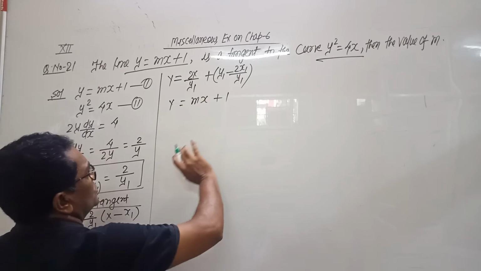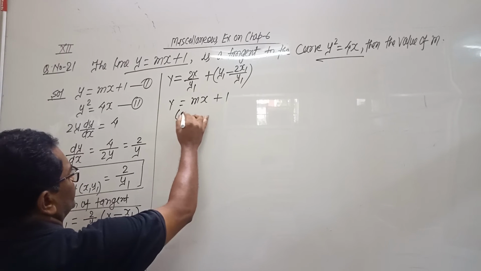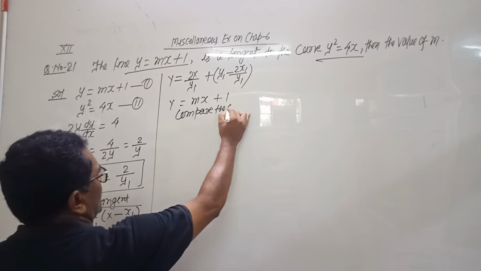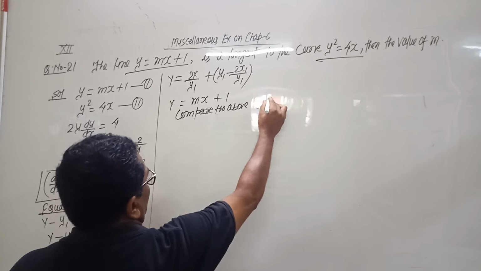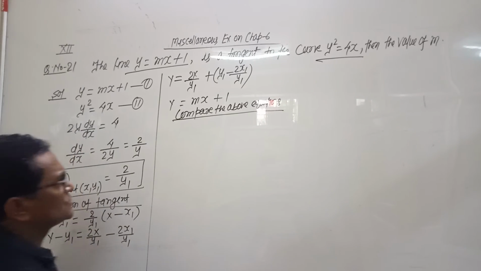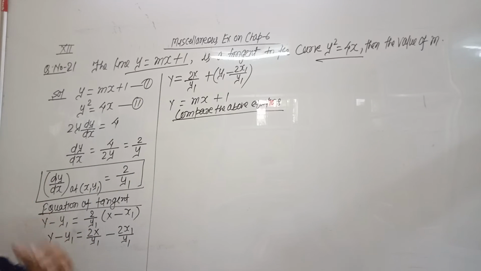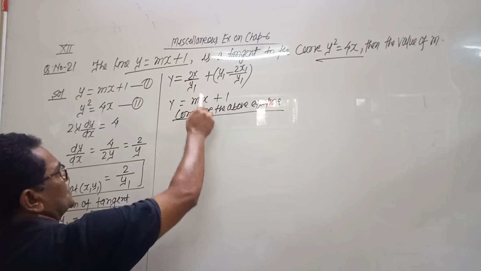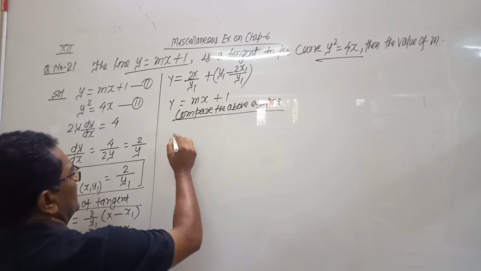So compare both the equations. At the place of y, in both the equations there is y, and the coefficient of x here is 2 by y1, here the coefficient of x is m.